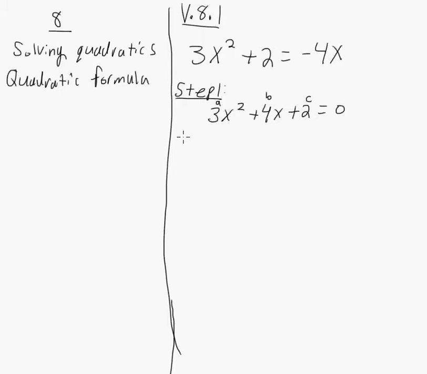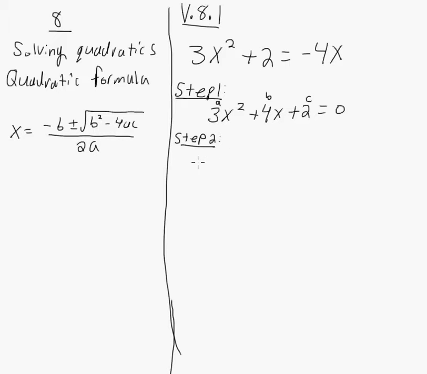And step 2 is to place these coefficients into the quadratic formula. So step 2, recall that the quadratic formula is x equals negative b plus or minus the square root of b squared minus 4ac all over 2a.